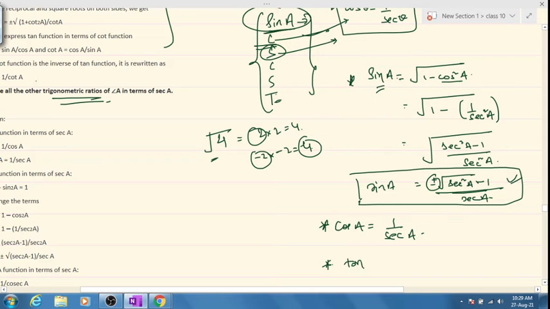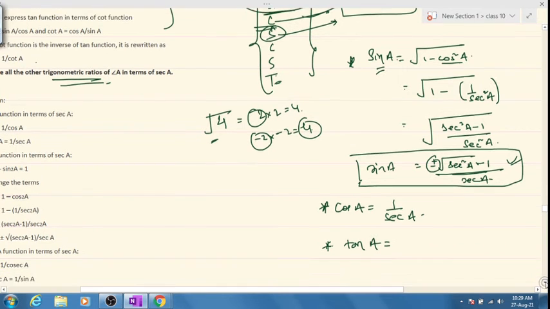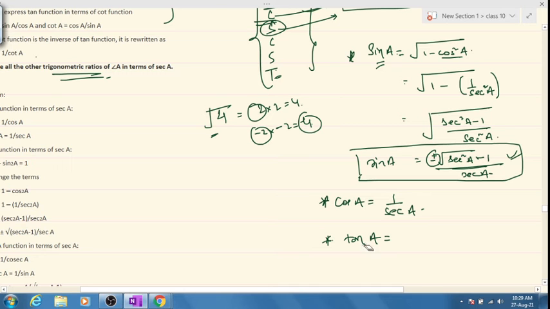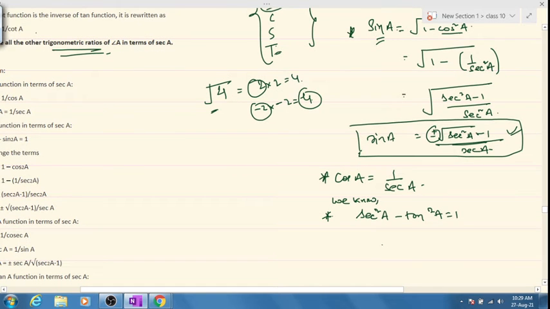And now coming to the tan portion, see, we know here that sec square A minus tan square A equals to 1, yes or no? So tan square A will be equal to sec square A minus 1, yes or no?